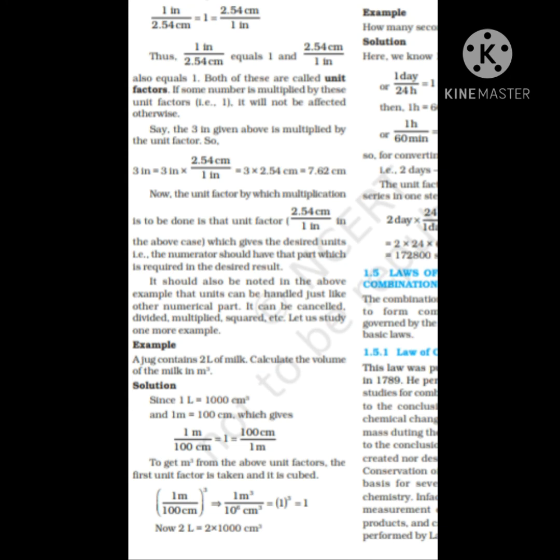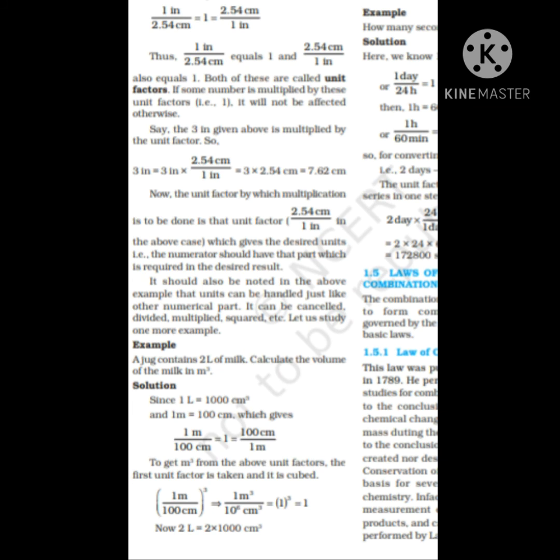To get meter cube from the above unit, the first unit factor is taken and it is cubed. (1 meter by 100 centimeters) whole cube equals 1 meter cube by 10 to the power 6 centimeter cube equals 1. Now 2 liters equals 2 into 10 to the power 3 centimeter cube. The above is multiplied by the unit factor, then we apply basic operations in this calculation.